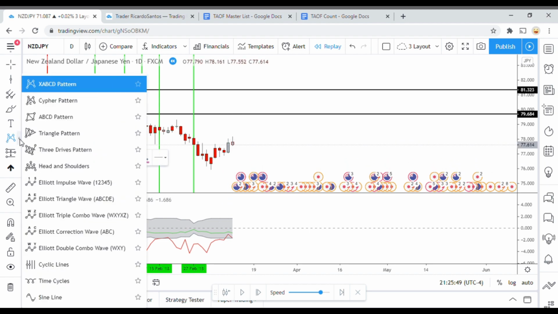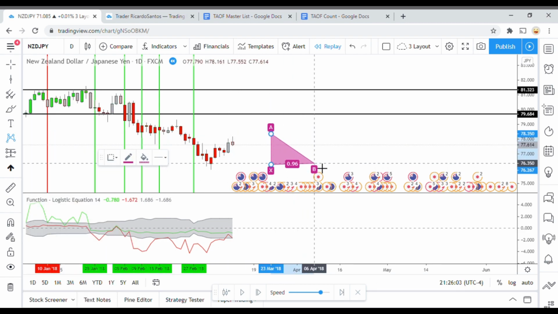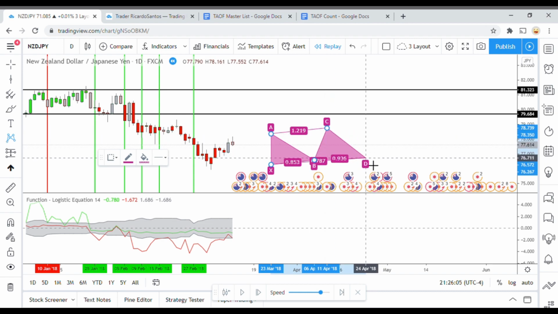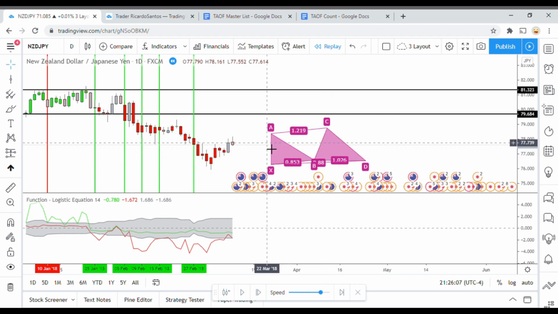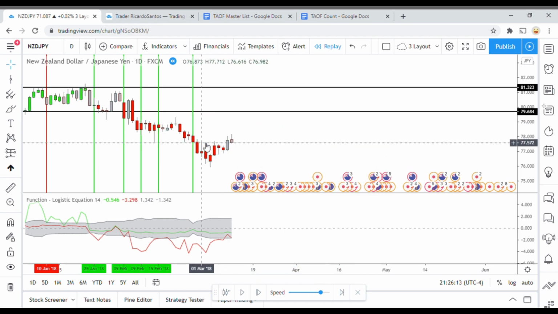And actually, TradingView has these different patterns. You can see them right here, the Elliott triples, the triangle patterns, ABCD, the ciphers. They have all of them built in that you can play around with, the cipher patterns and stuff. And so it's kind of interesting, but I feel like they're more advanced than they need to be.